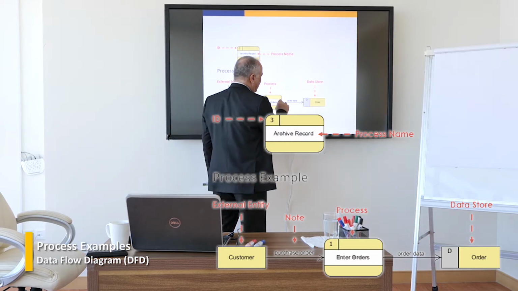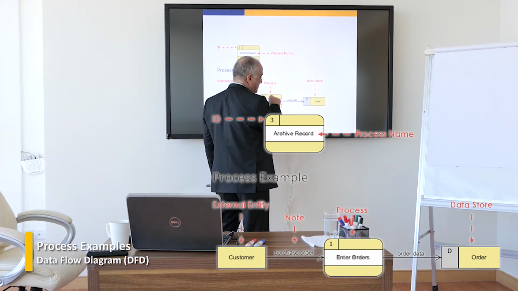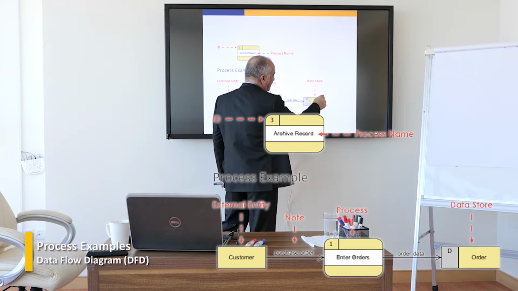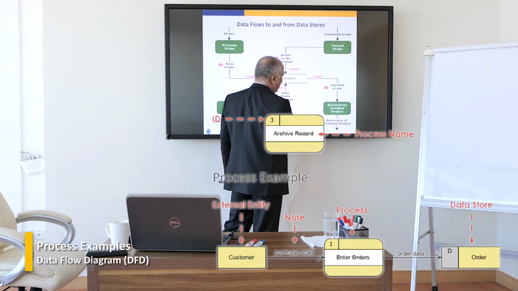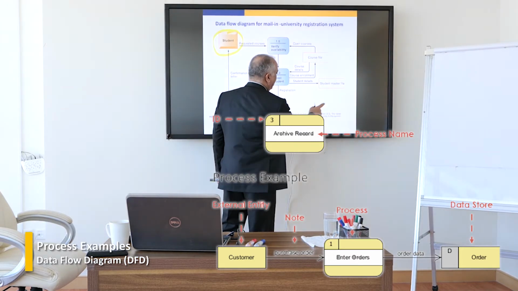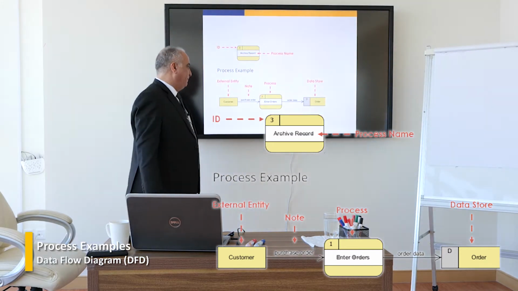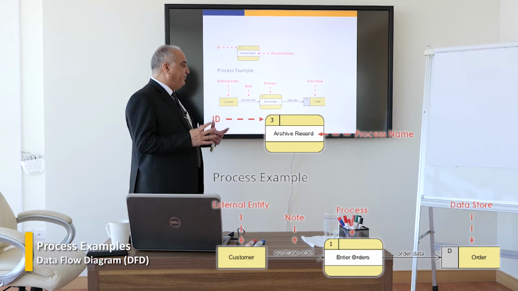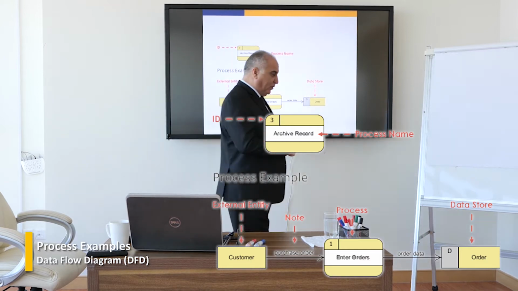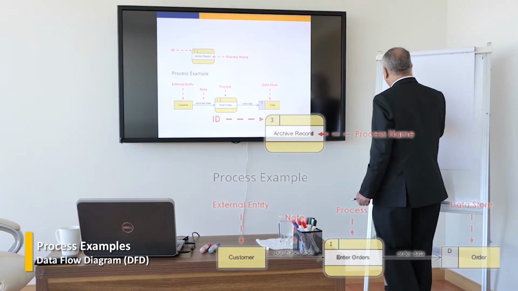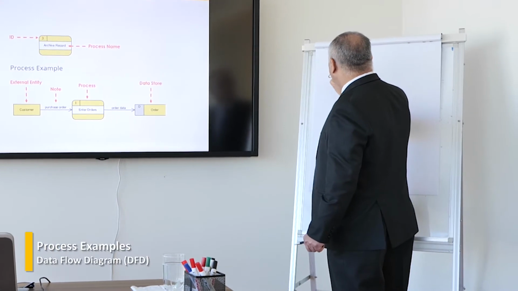Then the process is going to output, meaning it's going to store into what we call the data file. So the direction of the data is very important. So think about it, you have here a customer.